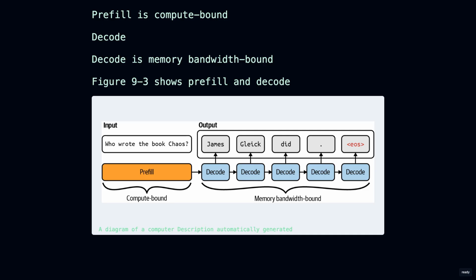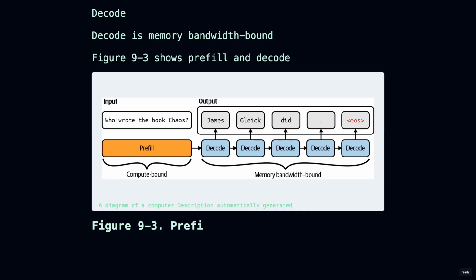Watch for the transition from processing the input sequence to producing one output token at a time. This figure labels the two inference steps clearly, and the end-of-sequence token marks when generation stops. It is a simple diagram, but it explains a lot about why language models have different bottlenecks in different phases.